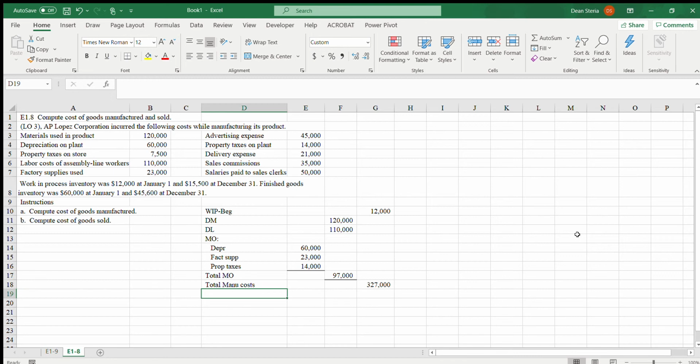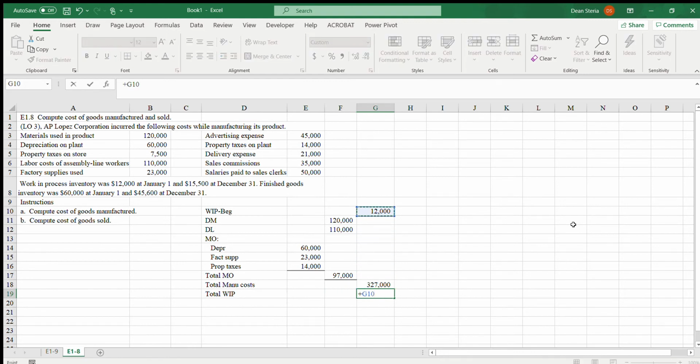And then we add that to our beginning WIP, and that gives us our total work in process cost.